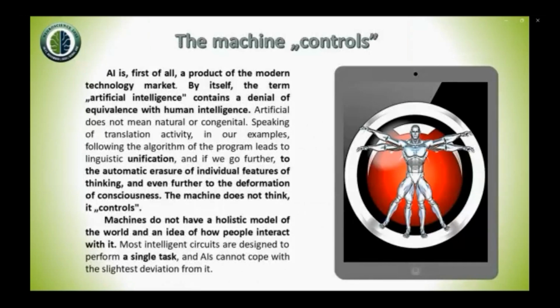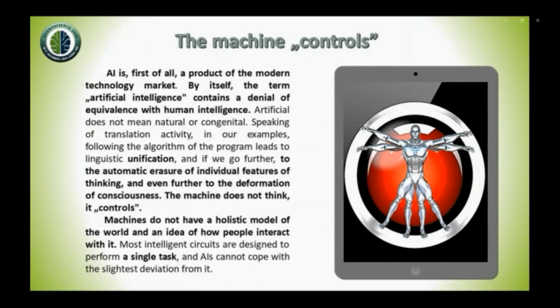Speaking of translation activity, in our examples, following the algorithm of the programs leads to linguistic unification, and if we go further, to the automatic erasure of individual features of thinking, and even further to the deformation of consciousness.